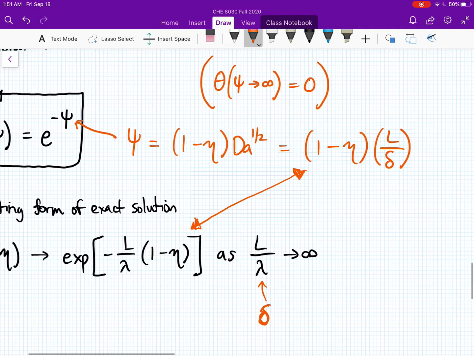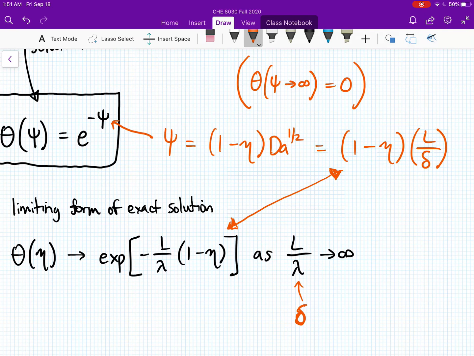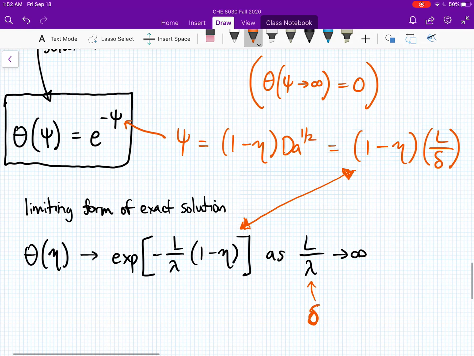Hopefully we can all see that those are the exact same solutions. One of those solutions we got by examining the limiting behavior of the exact solution.